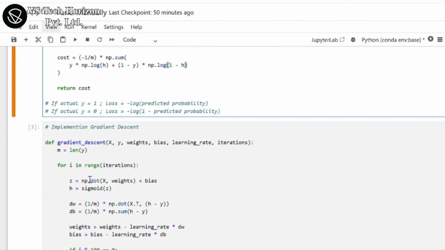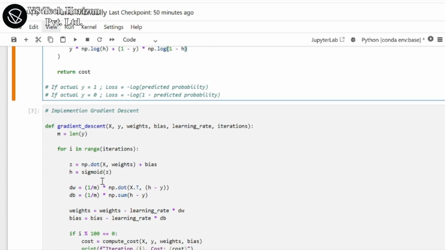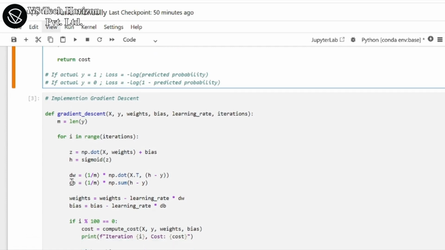Then the next step computes predictions using the current weights. Here these predictions are compared with actual values. And then next comes the derivative of weights and the derivative of bias, where it computes the gradient with respect to weights and with respect to bias.